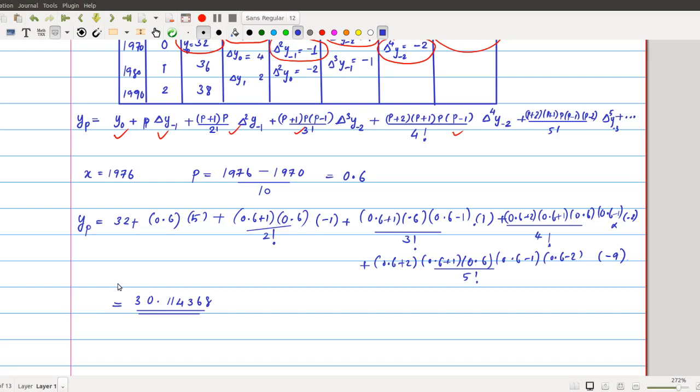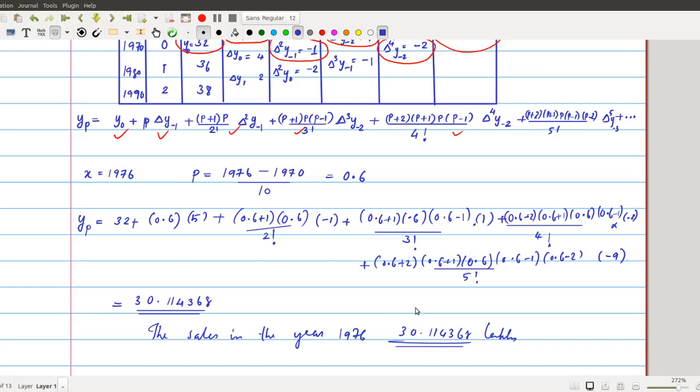So we write the sales in the year 1976 is 30.114368 lakhs. Suppose all the sales are given in lakhs, so this is the answer for the exam.